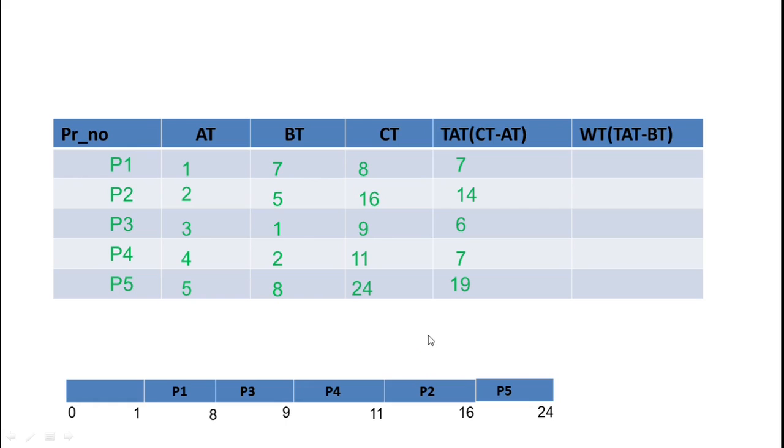Same thing, if we look at the equation turnaround time minus burst time, the turnaround time is 14 and the burst time is 5. 14 minus 5, same, the answer is 9. So you can find the waiting time in both ways, whichever you like. So let's put the value of waiting time for all processes.